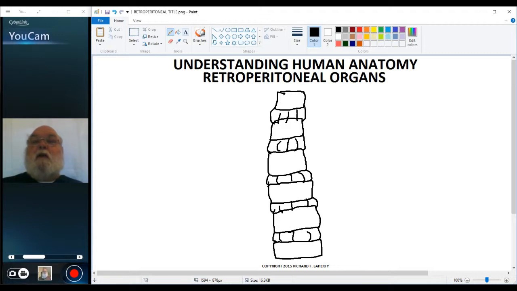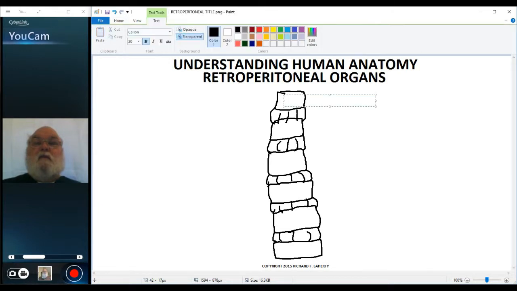And we'll put in some labels. So this is T12. L1. L2.